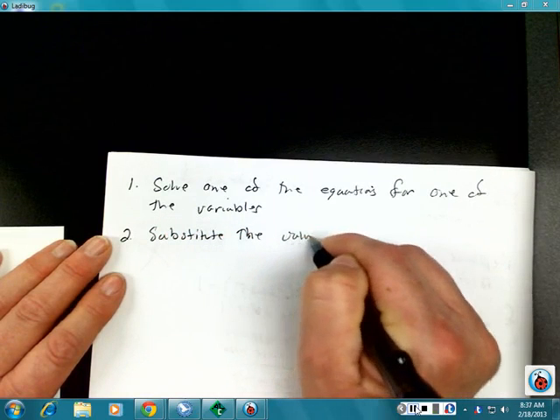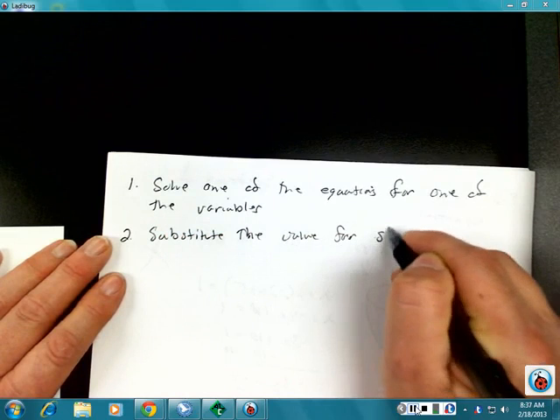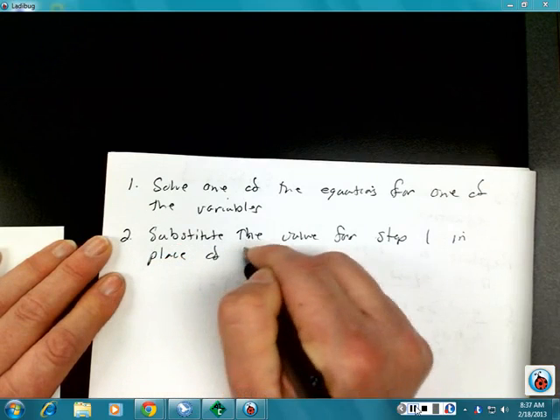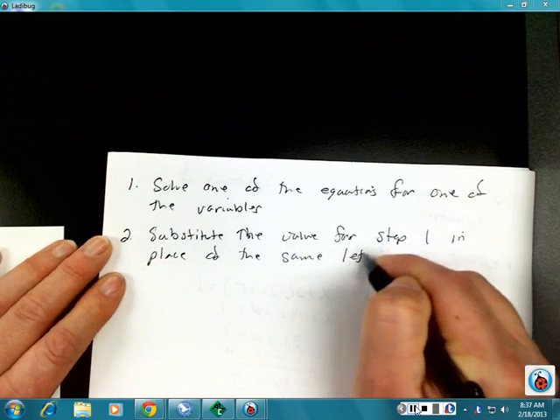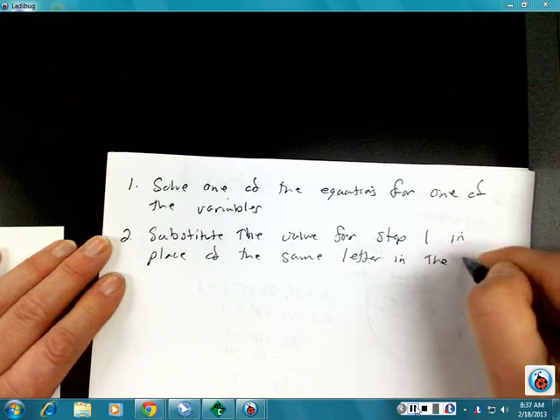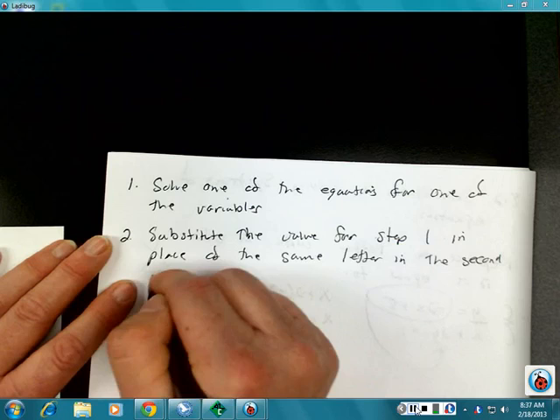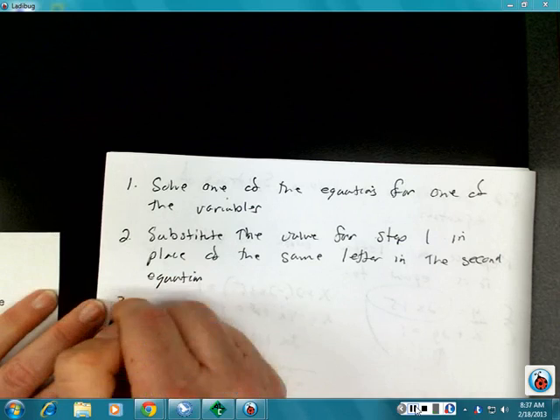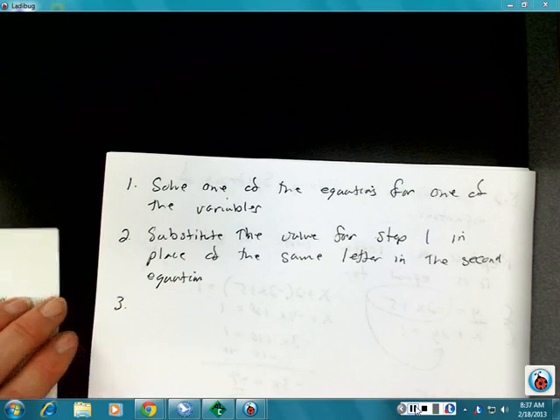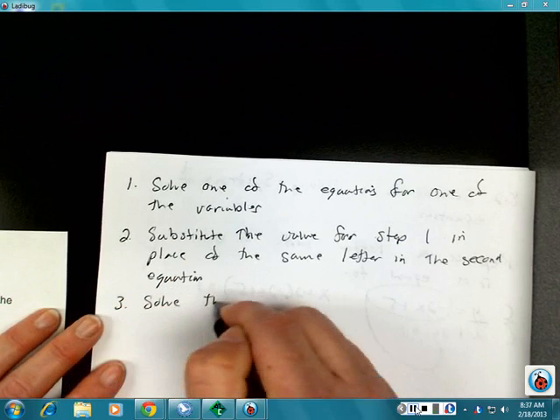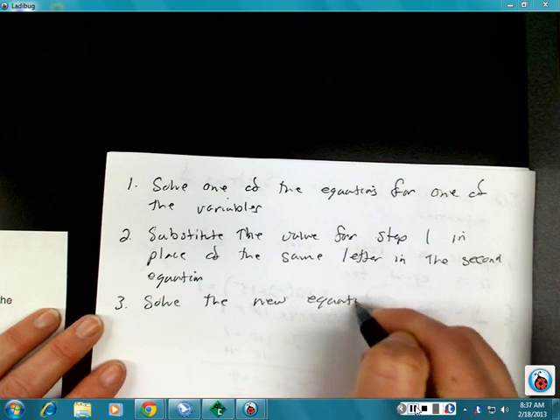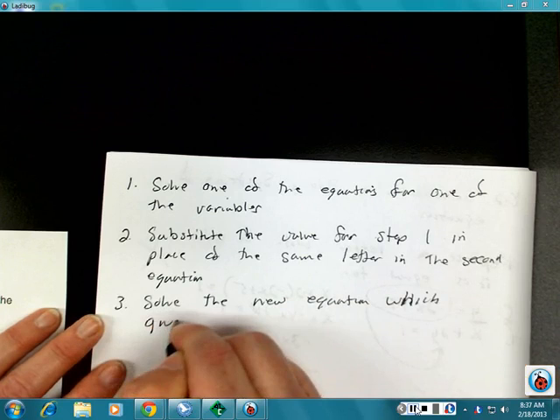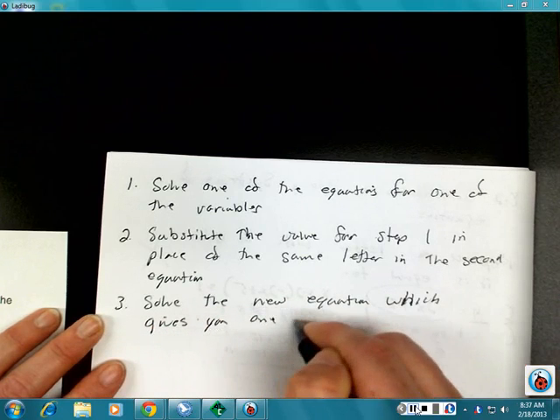So step 2 is substitute the value for step 1 in place of the same letter in the second equation. Okay, so we'll put it in place of it. Step 3 is solve the new equation, which gives one of the answers.